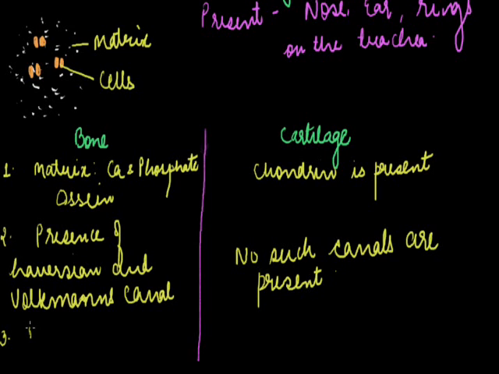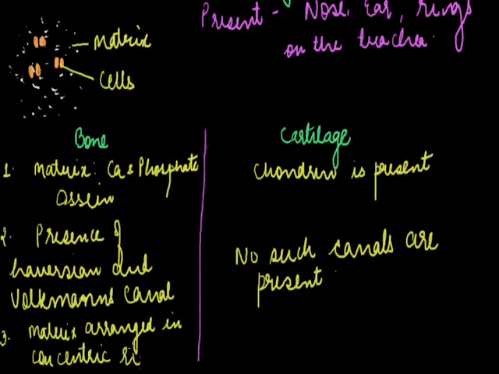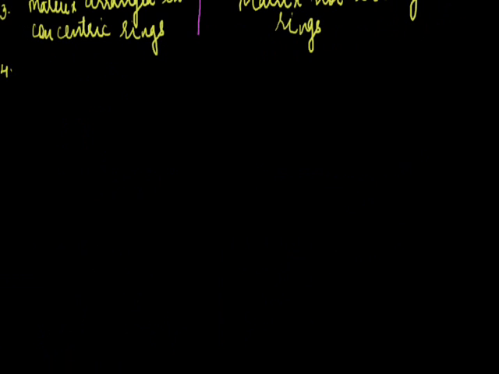Third, the matrix is arranged in concentric rings, whereas here the matrix is not arranged in rings. The fourth difference is that bone is dense, whereas cartilage is comparatively loose. So this is all about bone and cartilage.